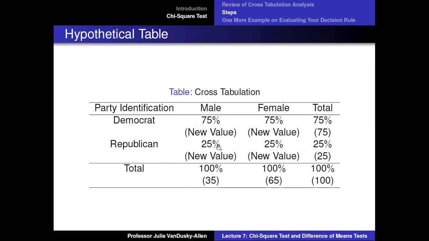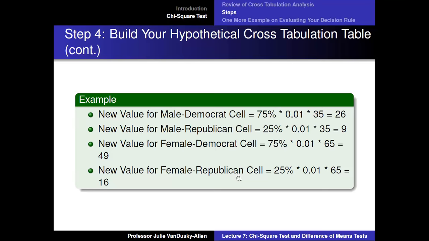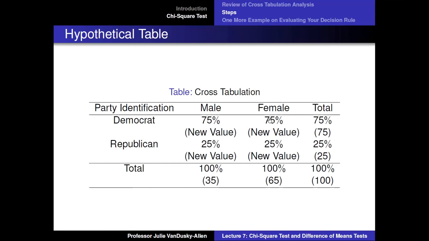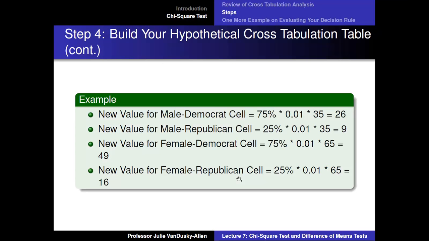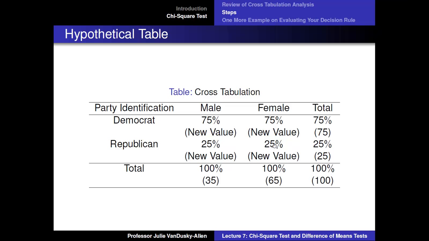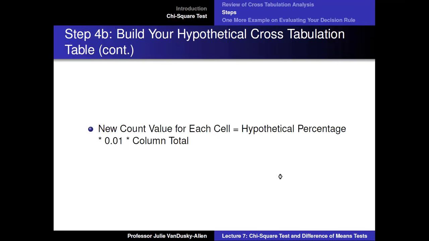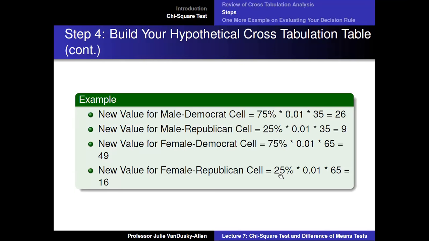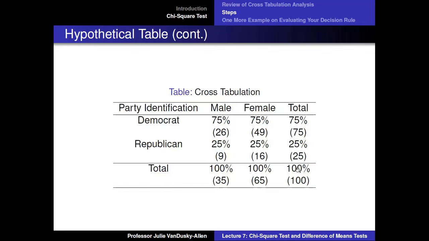For the male Republican cell, it should be 25% times 0.01 times 35, which is 9. For the female Democrat cell, it should be 75% times 0.01 times 65, which is 49. And for the female Republican cell, it should be 25% times 0.01 times 65, which is 16.